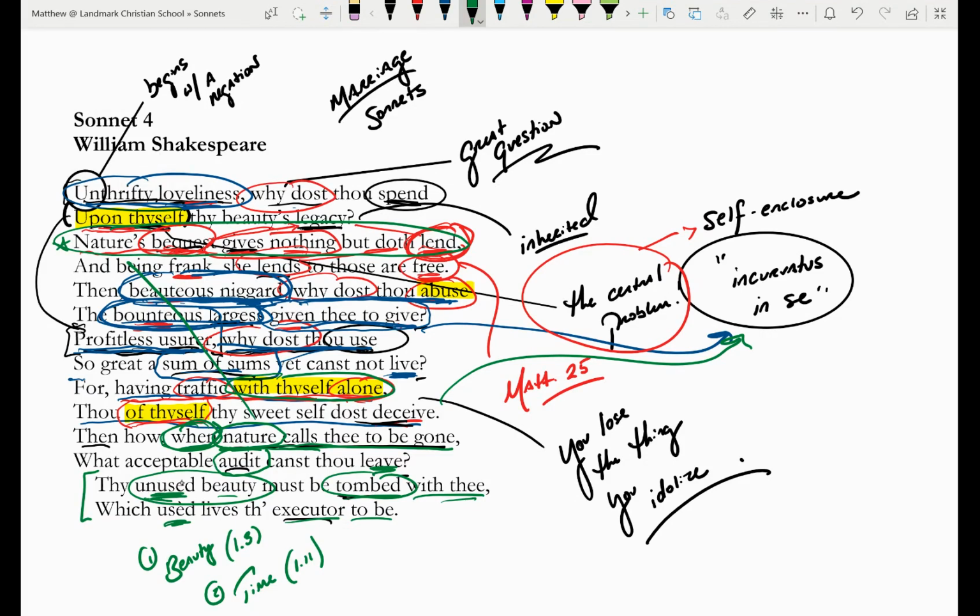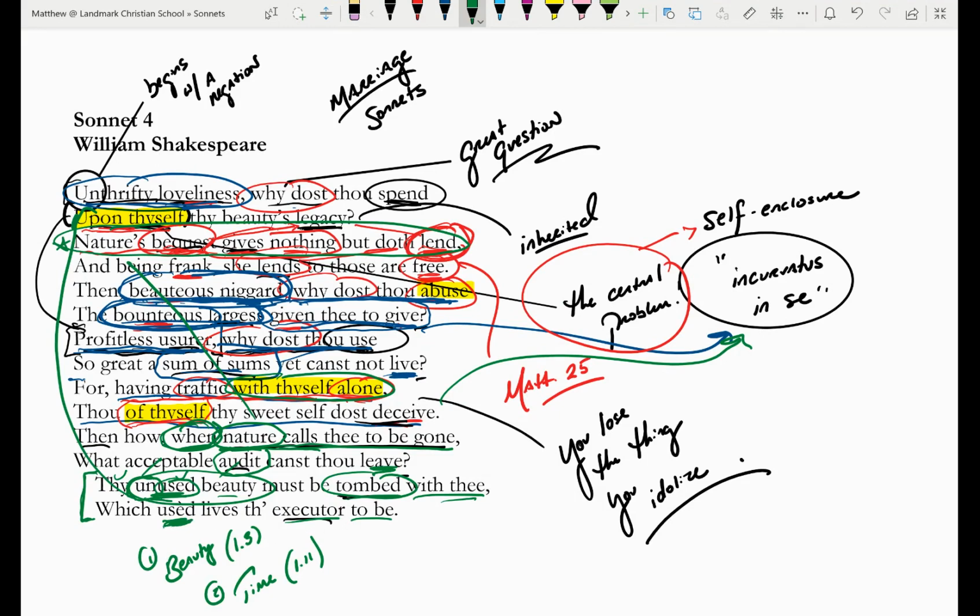There's a great play on the accent here because in these last two lines, thy unused beauty, the use is unaccented here. Thy unused beauty, the emphasis is on the negation, just like at the beginning. Thy unused beauty goes to the grave, which used lives the executor to be. So now it's accented.